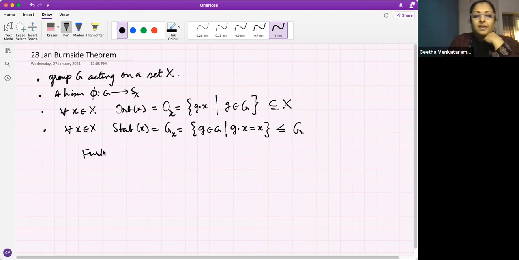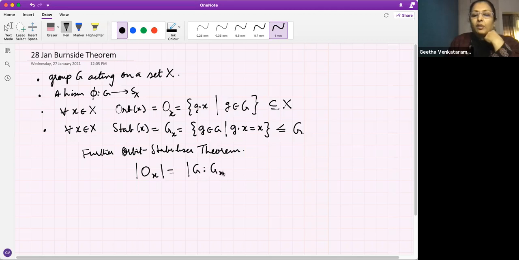Further, we proved the orbit-stabilizer theorem, which basically says that the cardinality of O_x is the same as the cardinality of the set of left cosets of G_x in G. And when things are all finite, then the number of elements in O_x is nothing but order G upon order G_x.